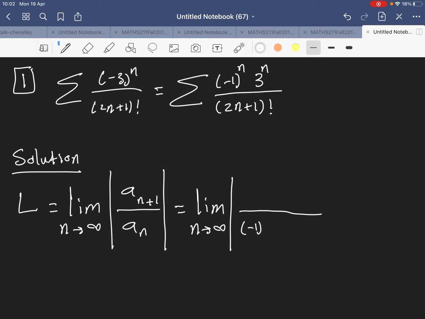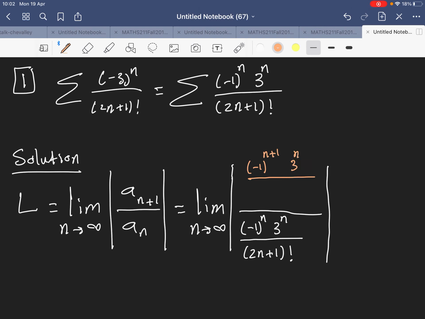So I will write negative 1 to the n, 3 to the n over (2n plus 1) factorial. Now in the top you have to write the same thing, but replace every n with n plus 1. So (n plus 1), 3^(n+1). Here we have 2n plus 1, I replace only n by n plus 1, and then there is a plus 1 before. So imagine you take this off and you write n plus 1. That's what you get.